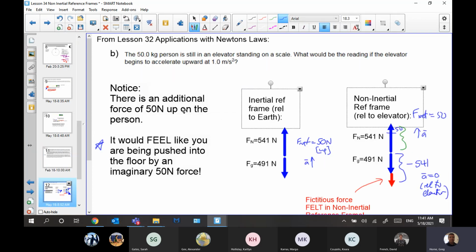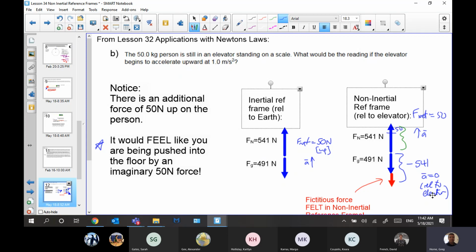In the elevator situation, right? This is the elevator that's accelerating upwards. The inertial reference frame, the regular reference frame relative to Earth, has a normal force of 541 and a gravity force of only 491, showing a net force up, and we know it's accelerating, right? In the non-inertial reference frame, you're not accelerating relative to the elevator.